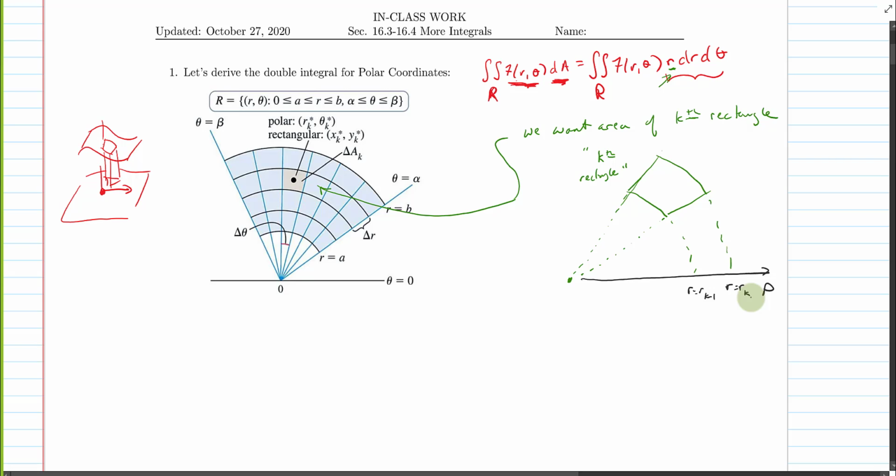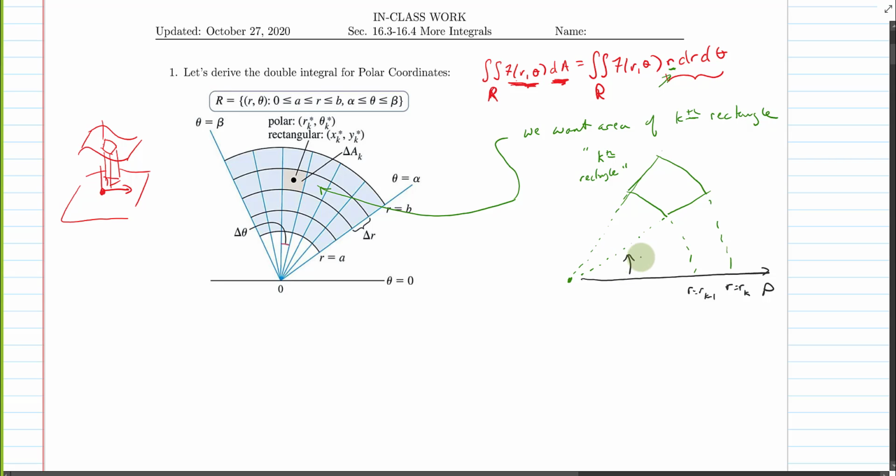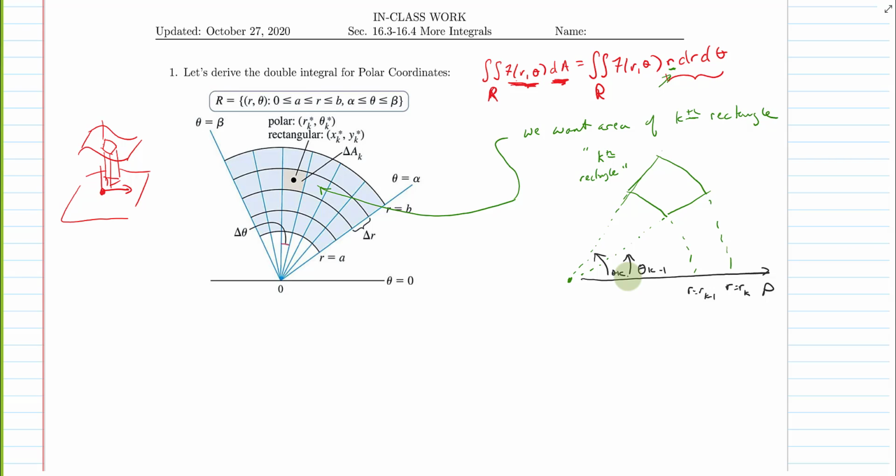Just like we had x of k minus 1 and x of k, and y of k minus 1 and y of k to describe this region, we're now doing it with 2 radii and 2 angles to describe this region. Okay, and then here we have this theta k minus 1, and this would be theta k here. So that's our kth rectangle, and we want its area.